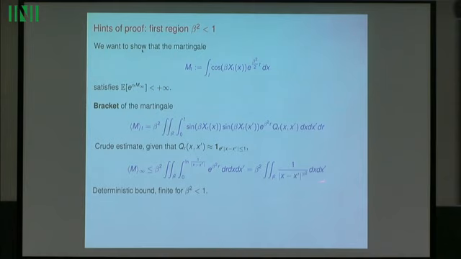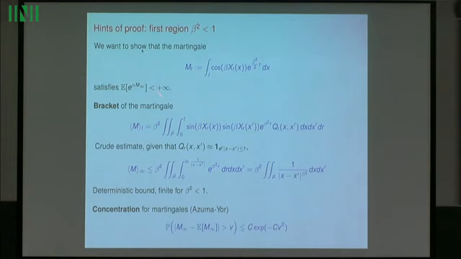Okay, but there is a theorem in martingale theory that tells you that if the brackets of a martingale are bounded by a deterministic quantity, then you have concentration for this martingale. This is a result by Azuma and Hoeffding. It tells you that actually your limiting martingale has exponential tails. So if it has exponential tails, it's clear that this expectation is finite.